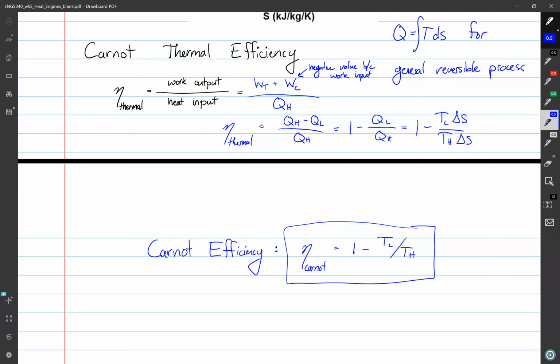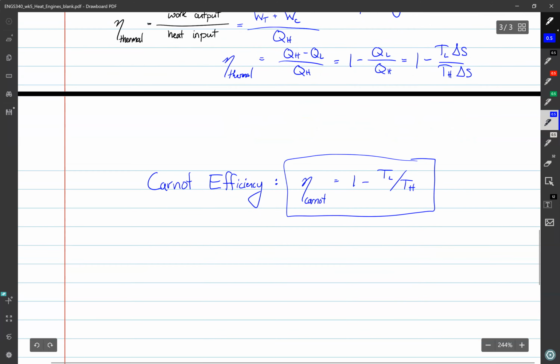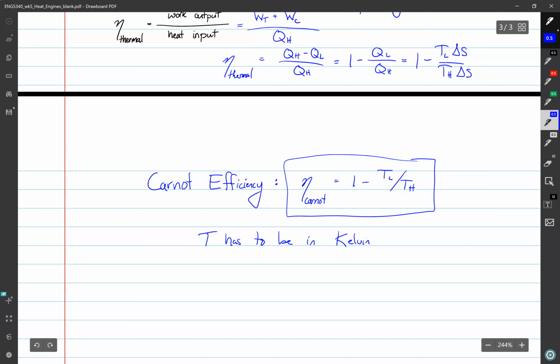So there are just a couple things to note on this equation. Temperature has to be in Kelvin, not degrees Celsius. And it has to be in Kelvin because entropy is a thing in Kelvin.